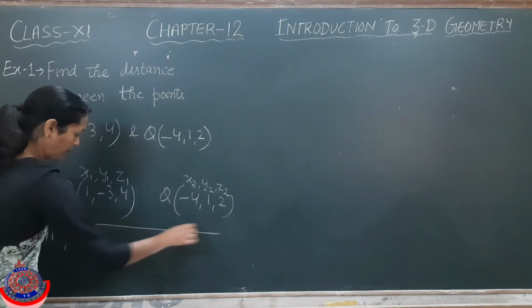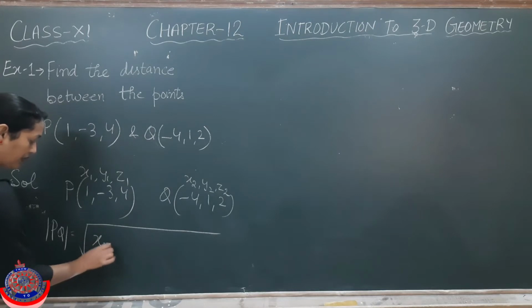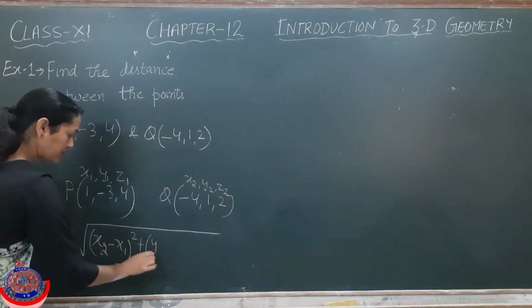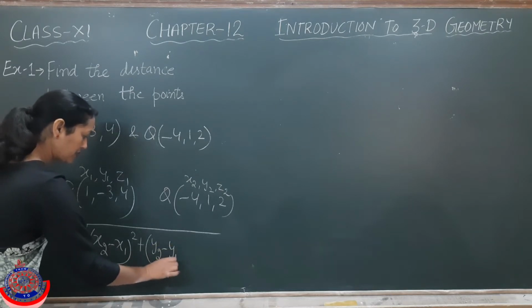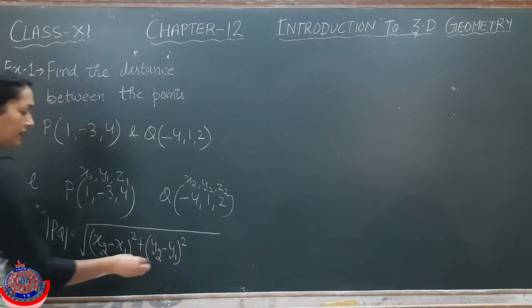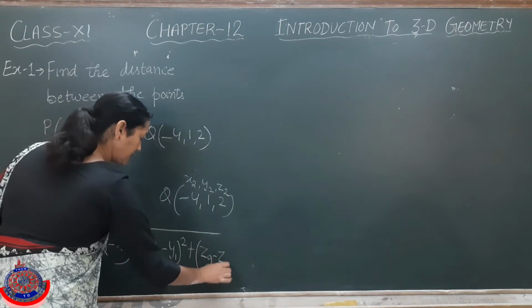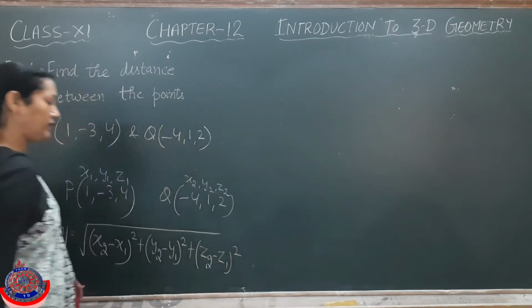Now finding distance PQ. We have learned the formula is x2 minus x1 whole square plus y2 minus y1 whole square plus z2 minus z1 whole square.